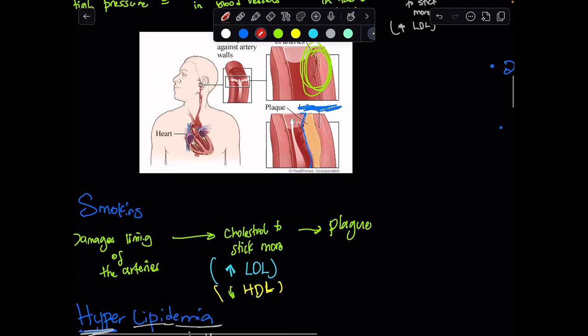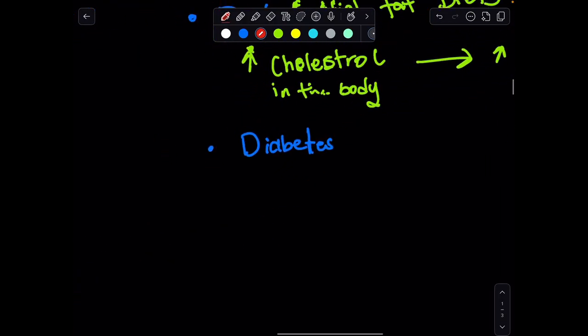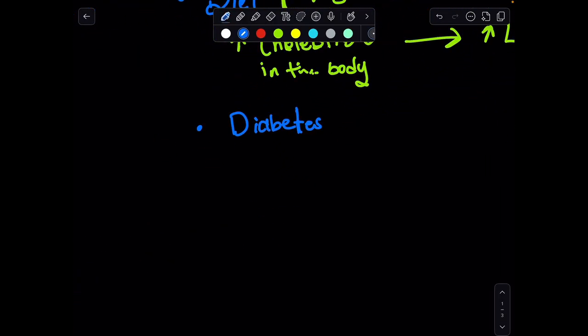Damage of the lining. Why? Because of the nicotine. And then diabetes, because of the sugar, right? So the sugar, our blood glucose, damages the lining.